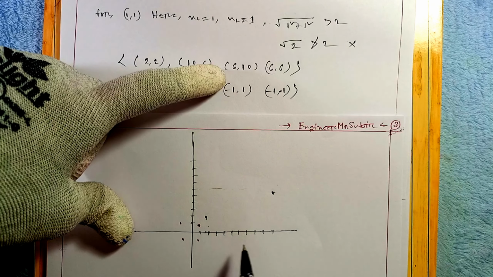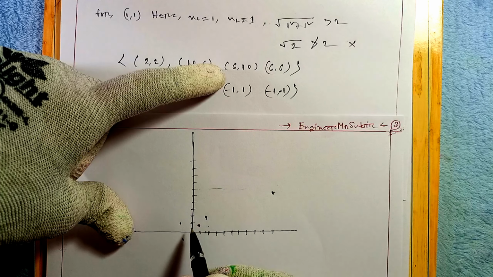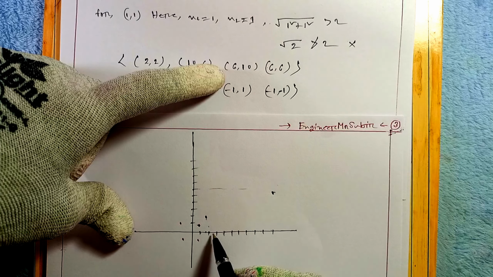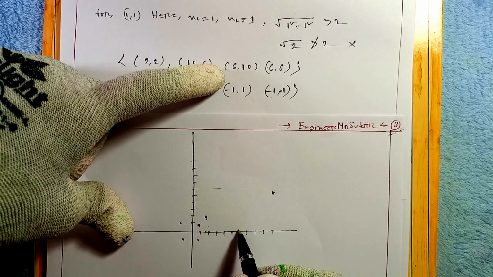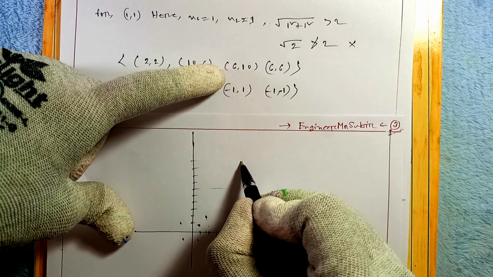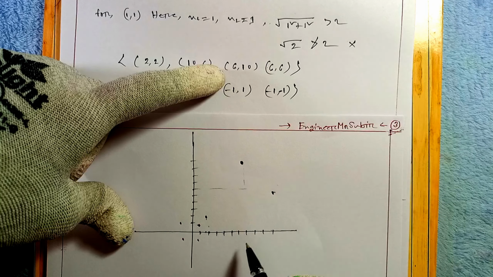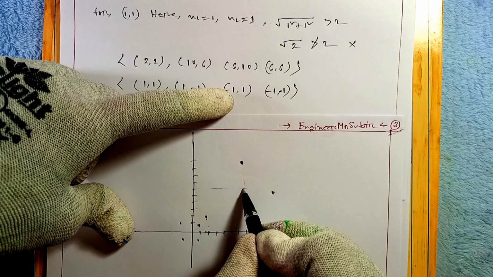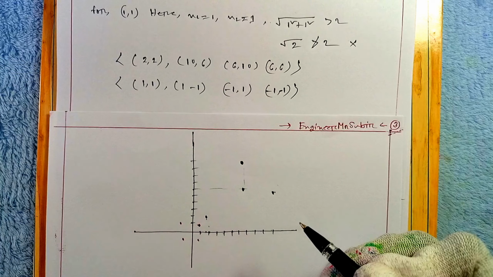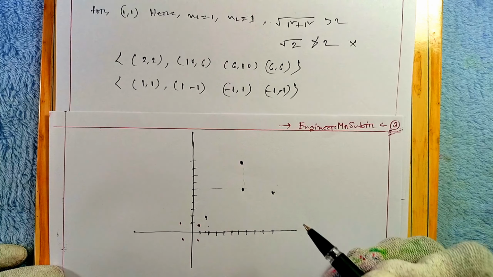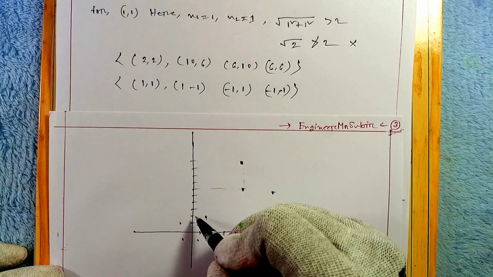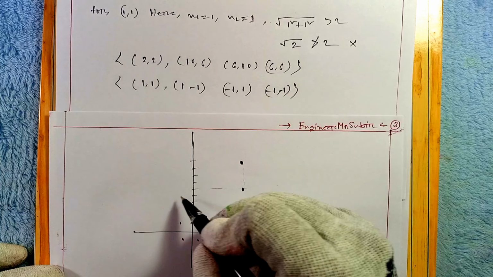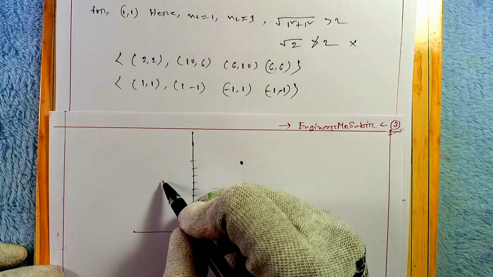Then 6 and 10, and 6 and 6 will be there. Okay, so look, now we can easily draw the hyperplane. There are only two support vectors, so without any confusion we can draw the hyperplane.